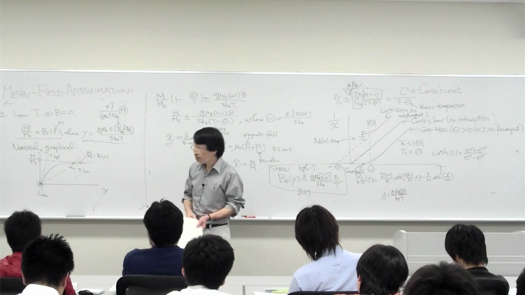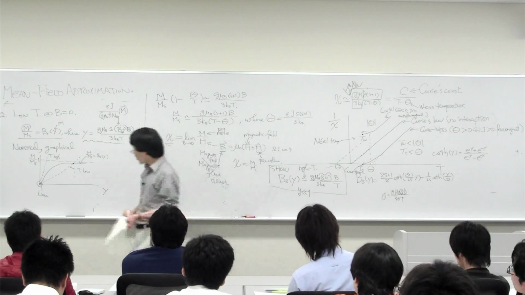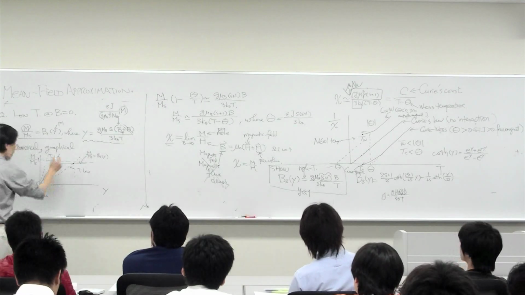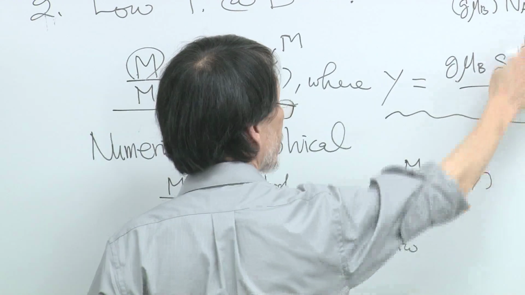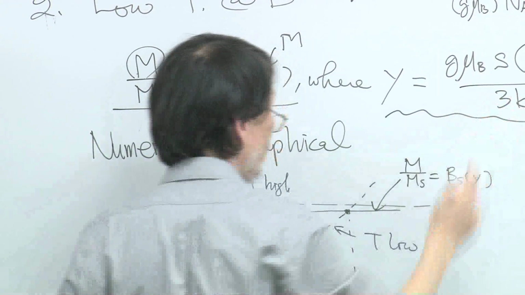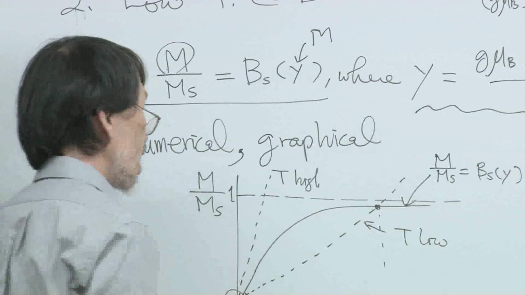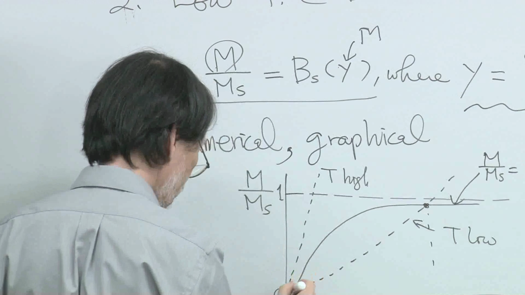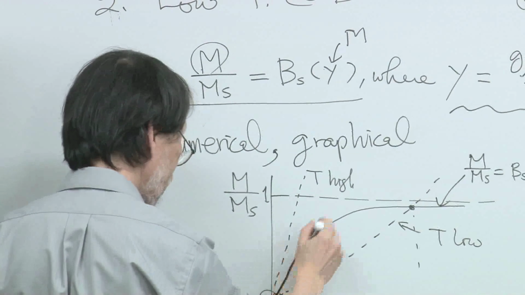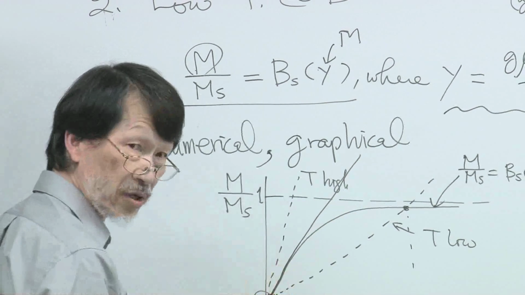Now you can see there is a critical temperature. When the temperature is such that the slope is g mu B S times this thing, divided by 3 kBT. If the temperature is just right, then the slope of this line will be exactly the same as this slope here. Okay?